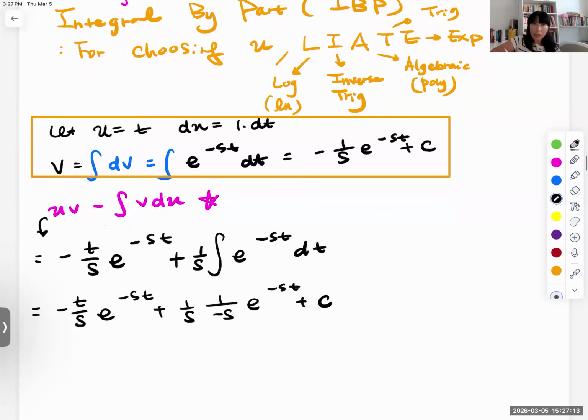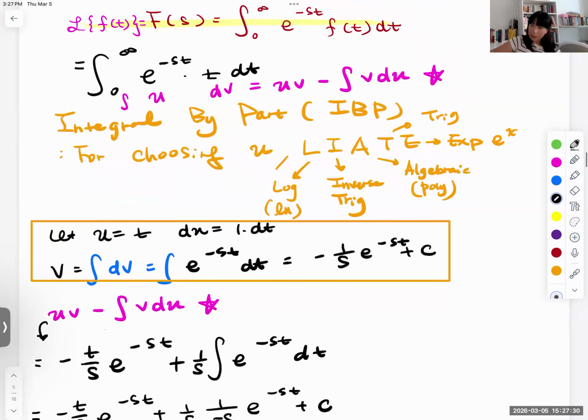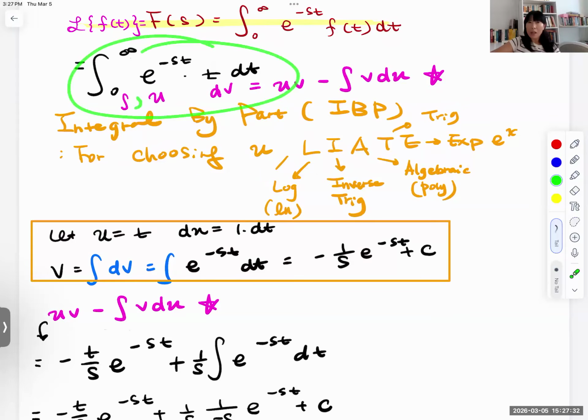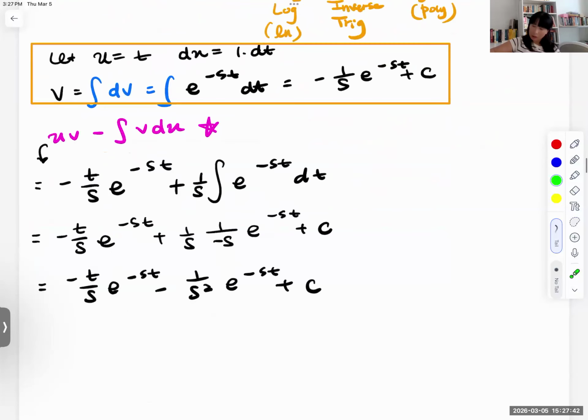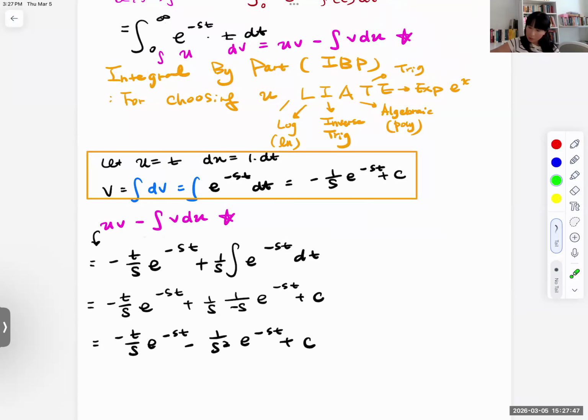Then that will be negative t over s e to the negative st minus 1 over s squared e to the negative st plus c. Now we need to take the limit on the upper bound.